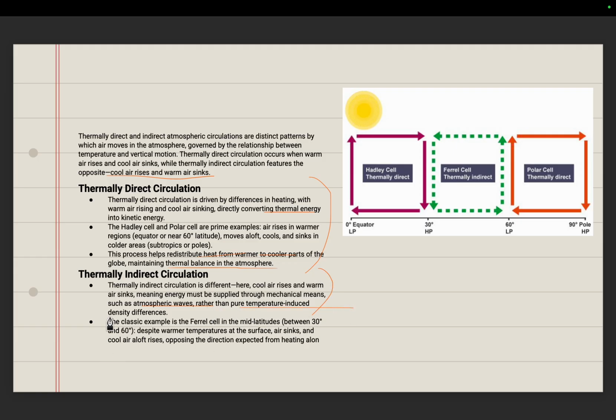It is a classic example of the Ferrel cell in the mid latitude between 30 degree to 60 degree latitude, northern or southern. Despite the warmer temperature at the surface, air sinks and cool air aloft rises, opposing the direction expected from the heating alone.